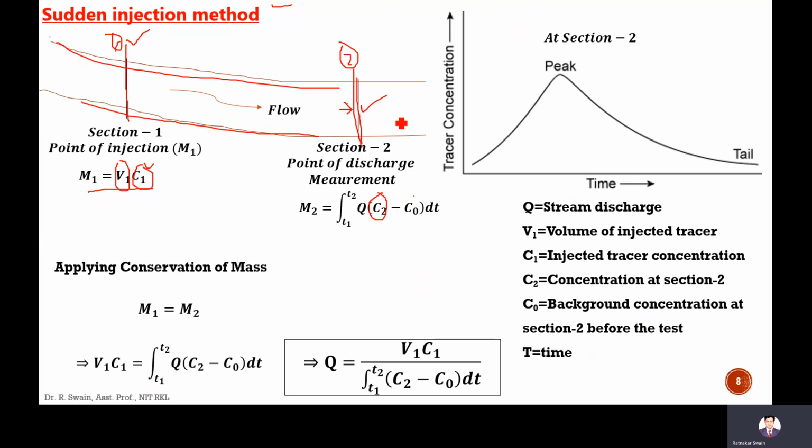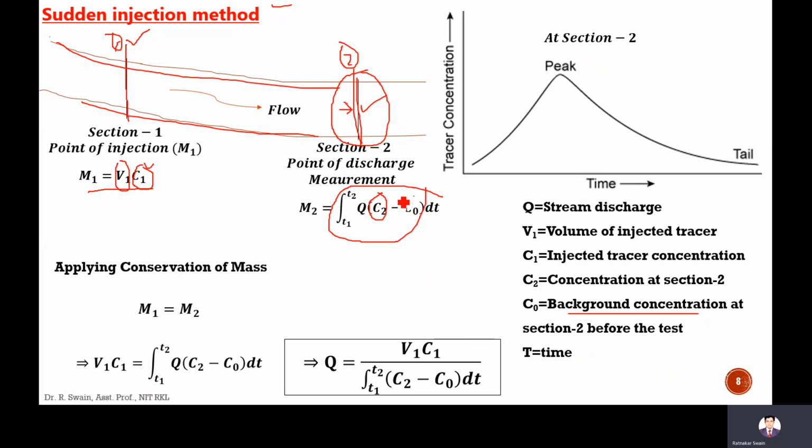Initially there might be some concentration of that particular dye in the river, which is called background concentration, maybe from previous tests or some other reason. So C2 minus C naught into dt into Q is the mass of tracer at section 2. For different time intervals, it will be added as a sum of the mass in each interval.